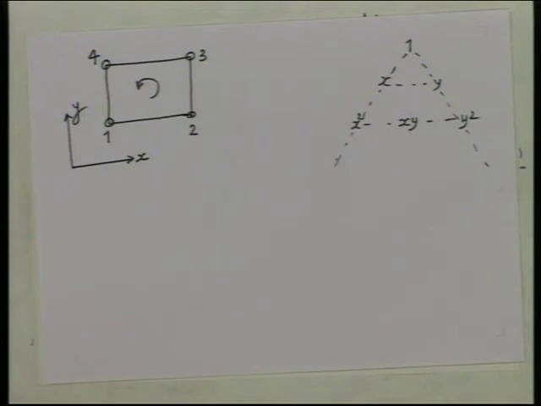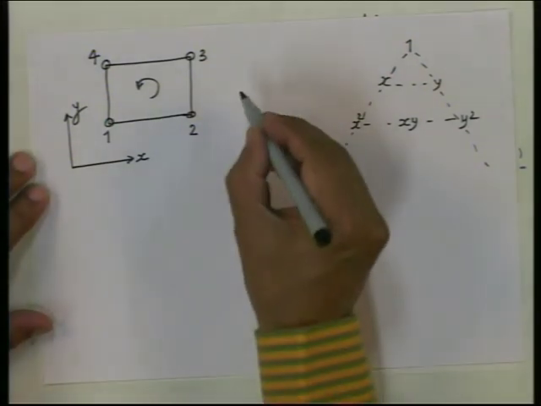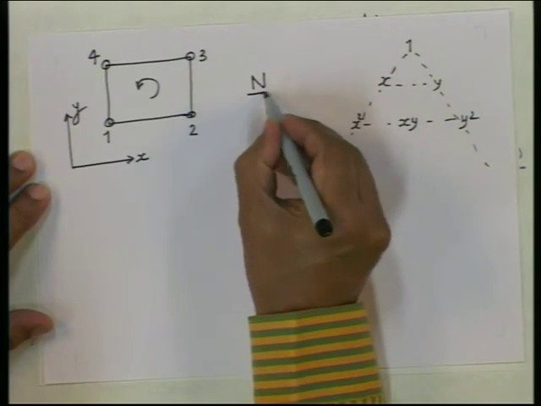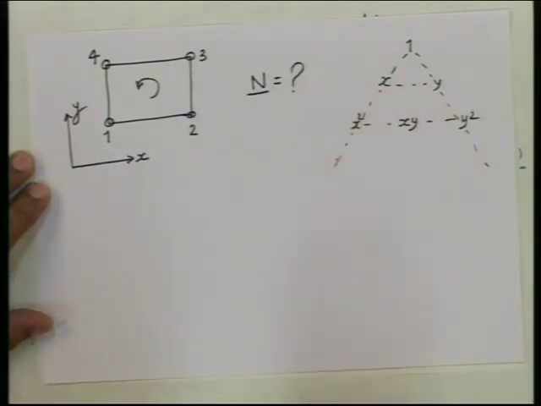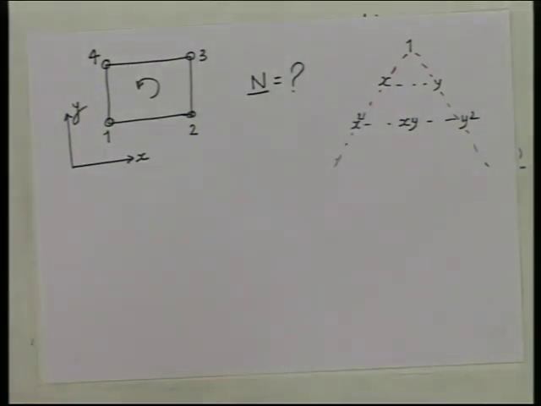How to start? First, if the shape function is defined, D is clear.